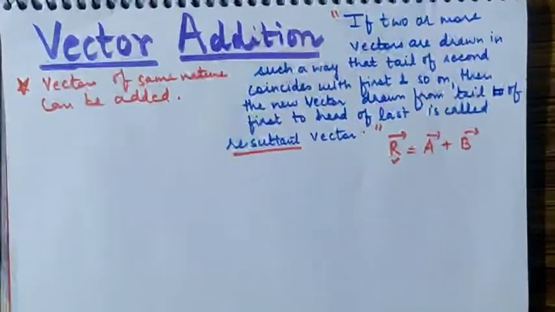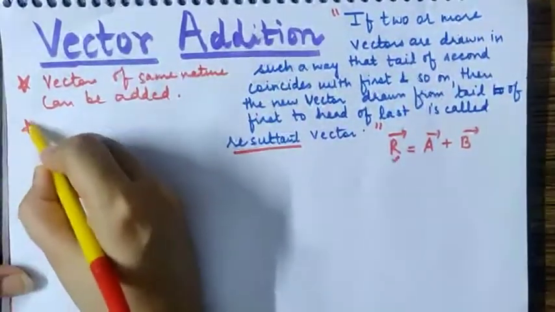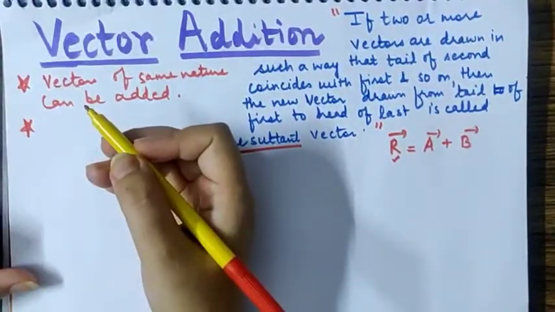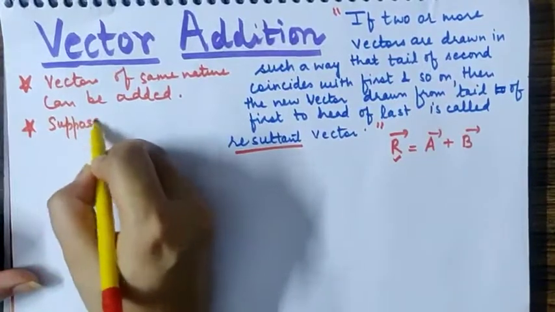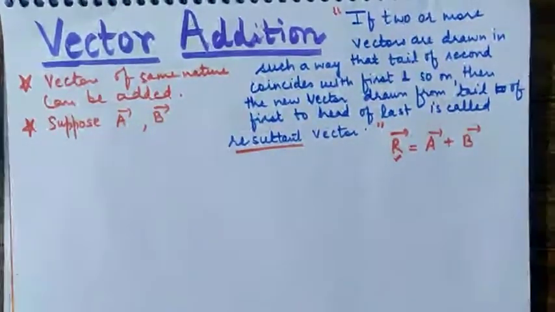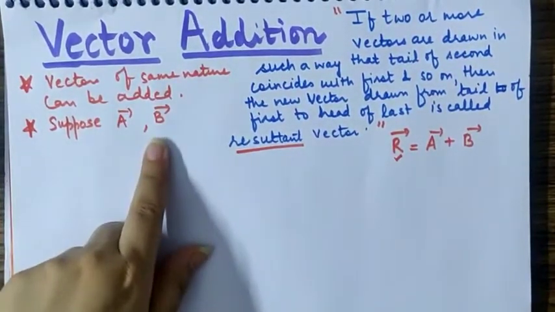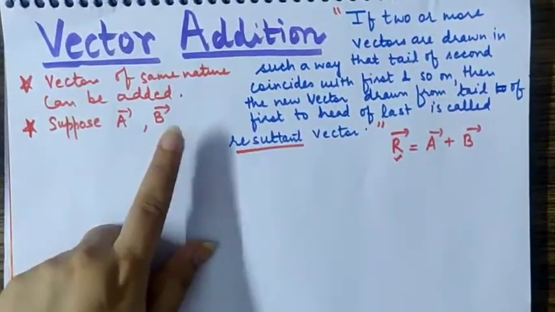Now the second point, explaining this line. I'll explain this line mostly in two cases, and first of all we'll consider two vectors. Suppose the two vectors are A and B. Then why would I need to add them? If both are acting on a body at the same time and at the same point, on a single body rather.